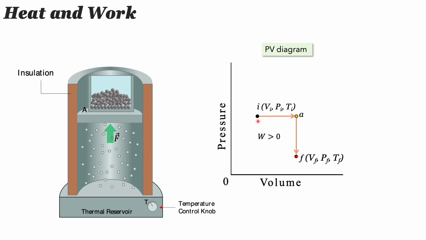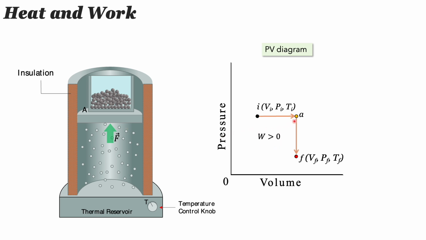Why? While moving from state I to an intermediate state A, the gas or the system performed work in moving the piston upwards by expansion. So the gas expanded, it pushed the piston upwards and the work done was positive.